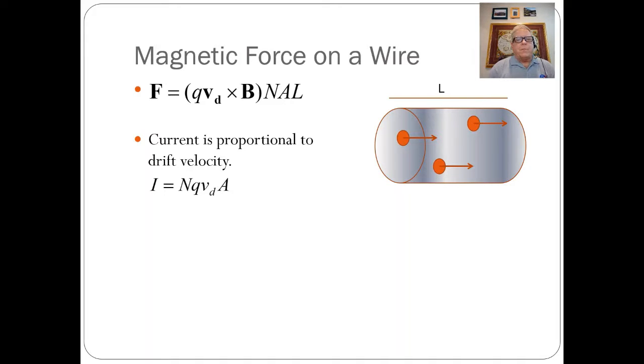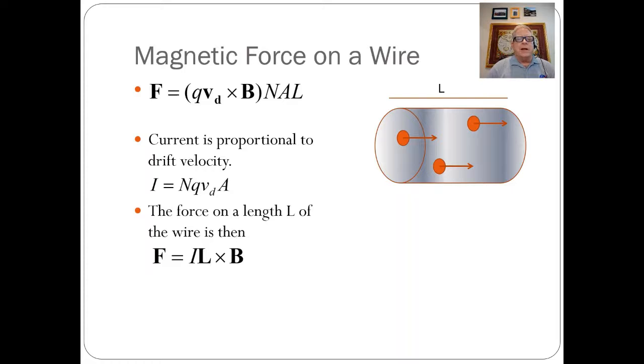Well, we can replace the terms in that formula for the current in the formula for the force, and we find out that the force on a length L of a wire with a current I is equal to IL cross B, where the direction of the current is considered to be the direction of the wire.